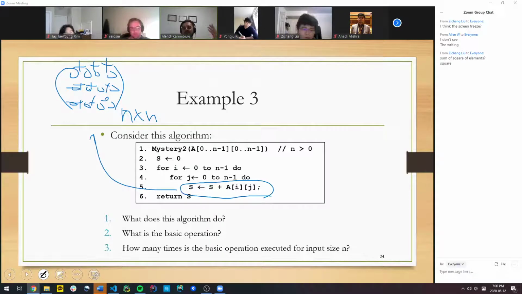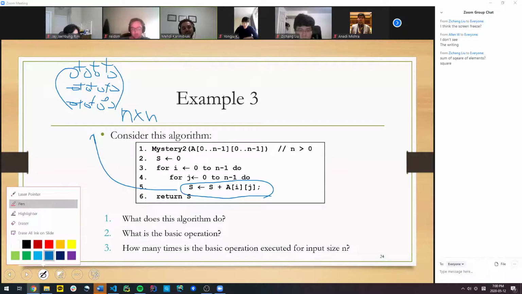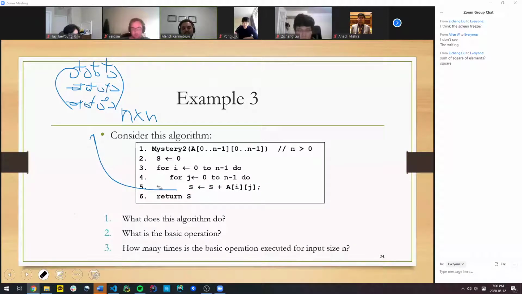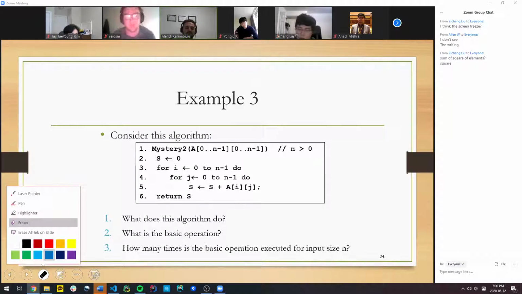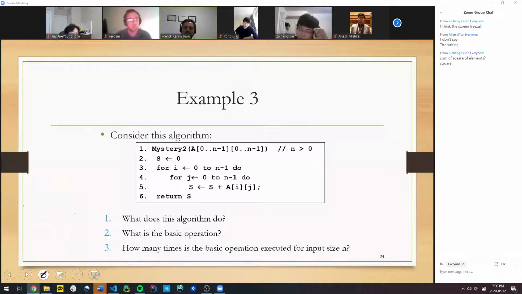We could say line number 4, along with line number 5, are the basic operation, but the convention is not to take the for loops in the basic operation. So we claim that line number 5 is the basic operation because this line has the most executable operations in this algorithm. So this line is the basic operation.